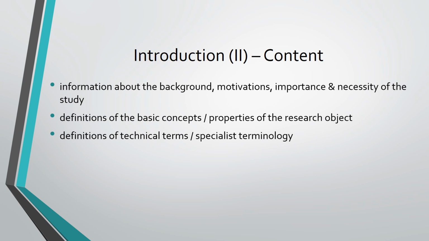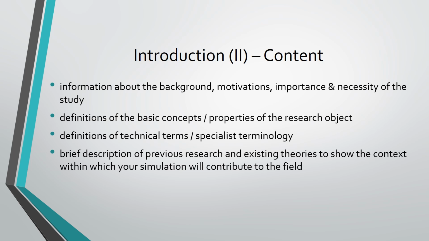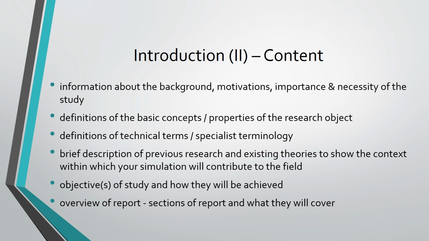A brief description of previous research and existing theories to show that your experiment will contribute something to the field. 4. The objective or objectives of the study and the research questions and hypotheses and how they will be achieved. 5. Finally, an overview of the report, identifying the sections of the report and what they will cover.